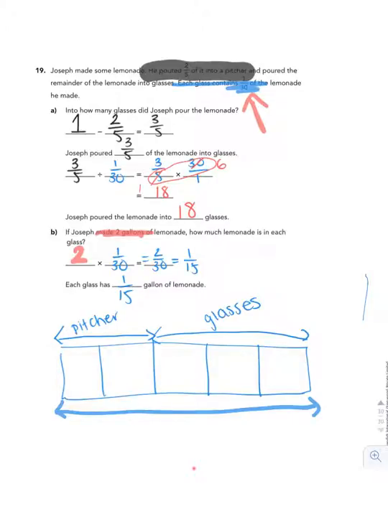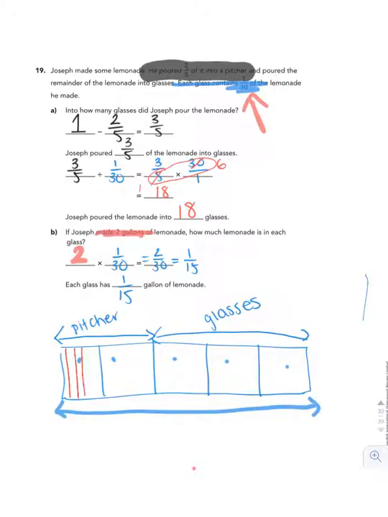So I'm thinking to myself, if I have 30 parts total, but here I have 5 little sections or squares, then each one of my sections needs to be split into 6 parts so that there's a total of 30 glasses of lemonade. So I'm going to split each one of these so that there's 6.